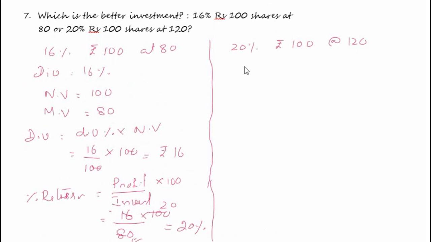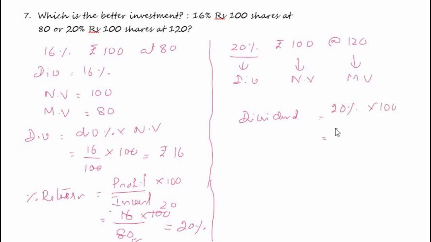Here the dividend rate is 20%. This is the dividend, this is the nominal value, and here this is the market value. Now the dividend he gets here is equal to 20% of rupees 100.